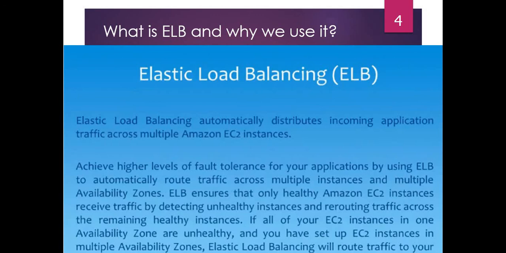If we talk about the Singapore region, in the Singapore region we have two availability zones. Suppose one availability zone is not available due to some network failure, power failure, or natural disaster. If one complete availability zone is down, then the ELB routes the whole traffic to those instances which are healthy and which are in the other availability zone.